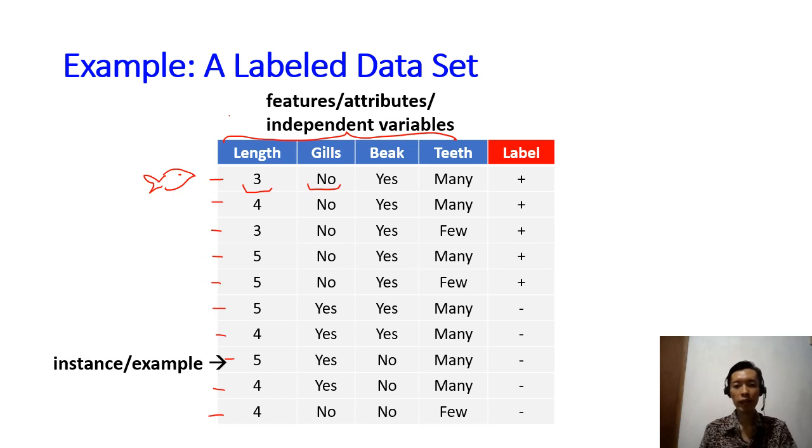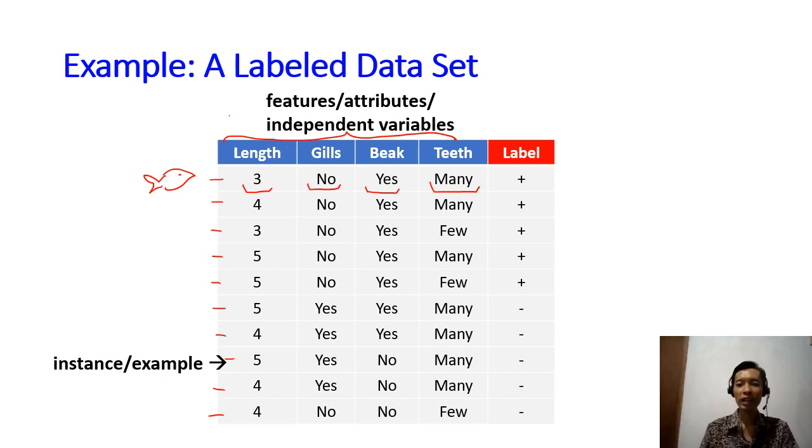Gills is something that fish use to breathe. Then whether they have a beak or not, and whether they have many teeth or few teeth. So these are the features or the characteristics of each fish.